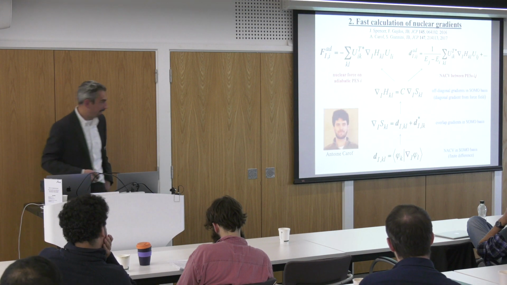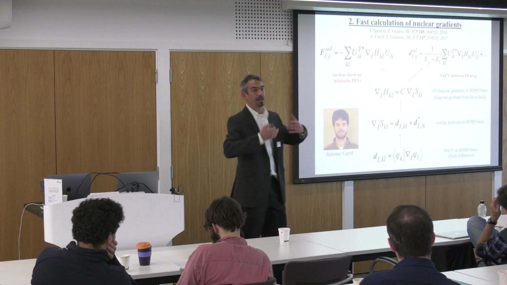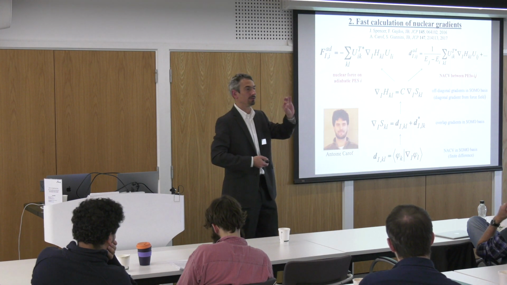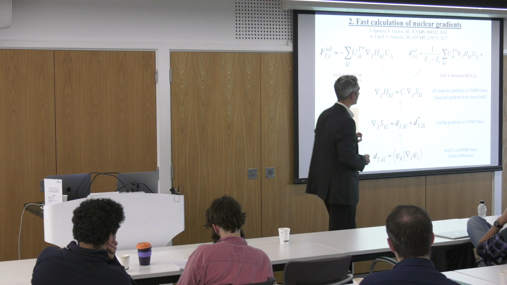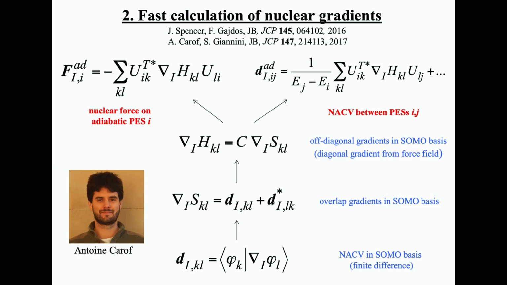Okay, so these are the energies, but then since we do dynamics, there is a force that's acting on each nucleus of our sample. So how do we calculate that force? This is the strategy here. Since we are working in this site-localized basis, we need to take the gradient of that electronic Hamiltonian that I've just presented, and then we have to do nothing else than a unitary transformation of that.